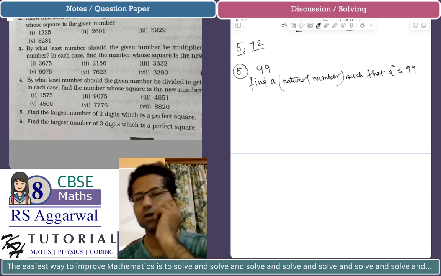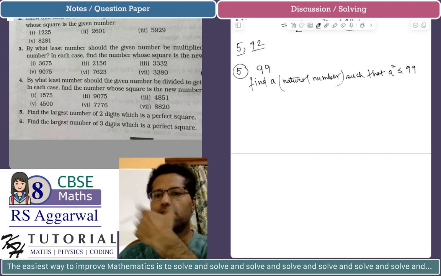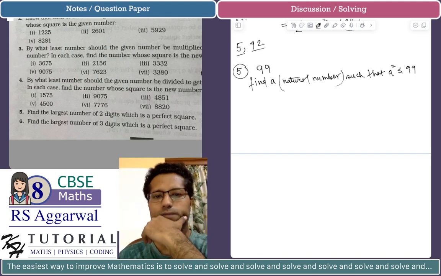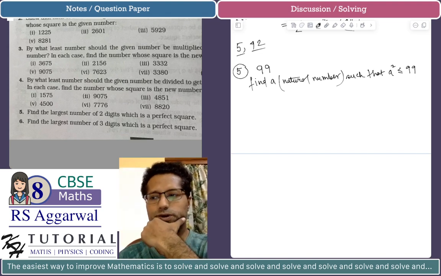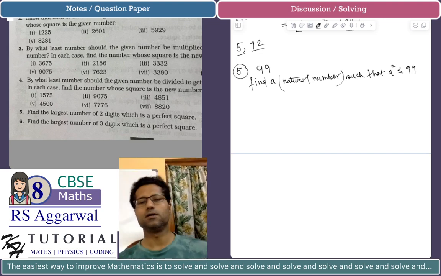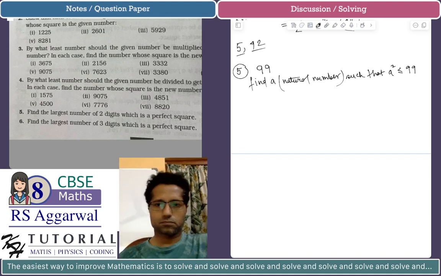Now if you can find an a whose square is 99, then you can clearly say 99 is the largest 2-digit number which is a square, but obviously 99 is not a perfect square.